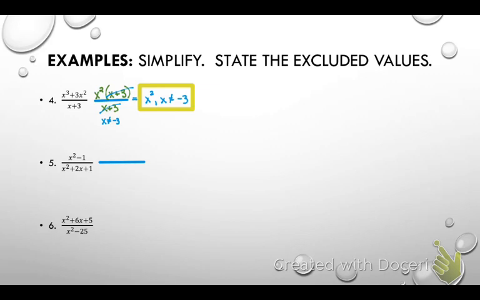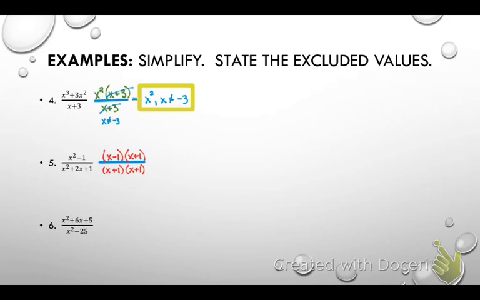So what's the bottom going to factor out to? X plus 1 and x plus 1 again. What about the top side? X minus 1 and x plus 1.